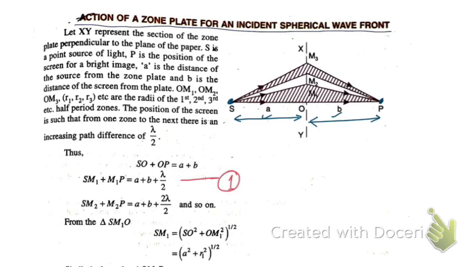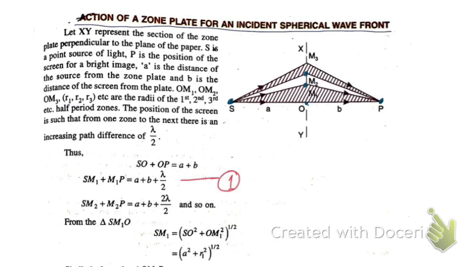Here you can see, right? And here you see this point O, this O M1, then O M2, then O M3, are equal to R1, R2, R3, radii of first, second, third half period zones.